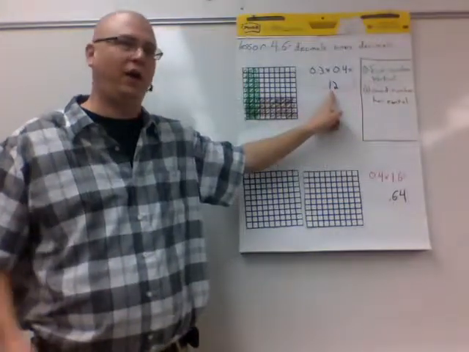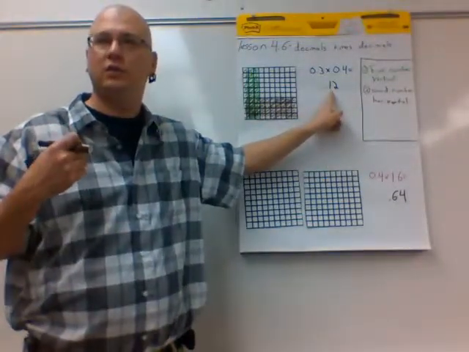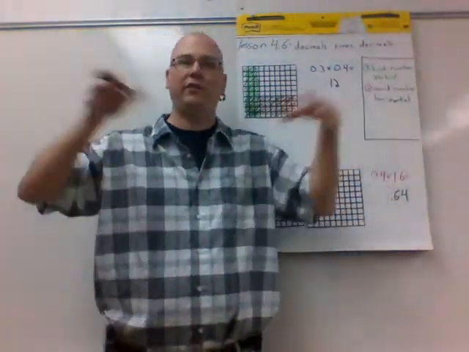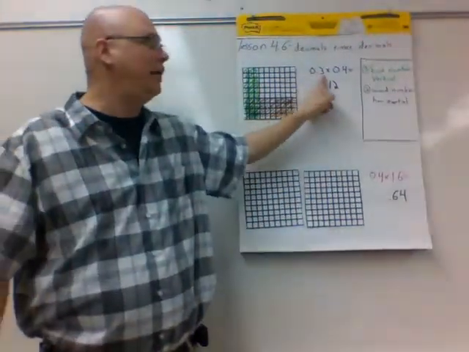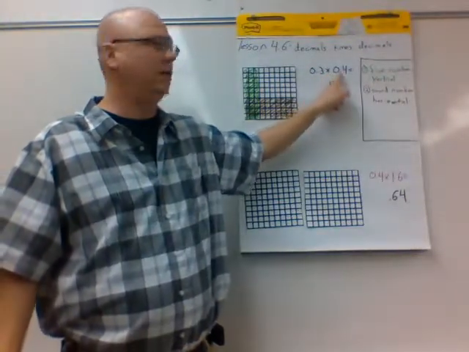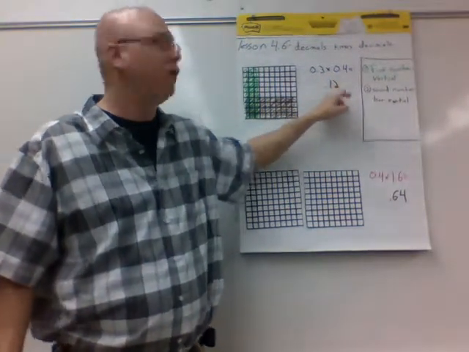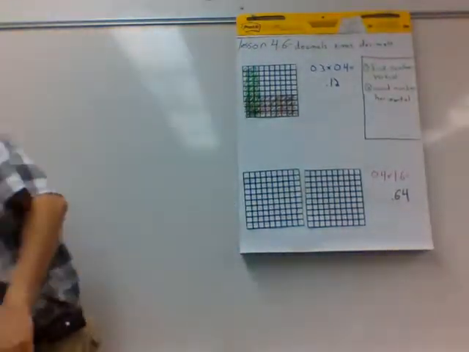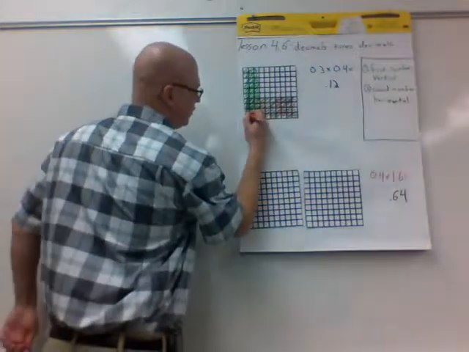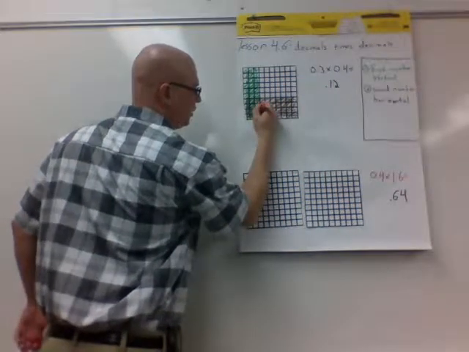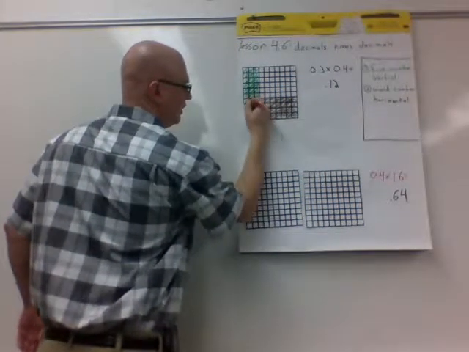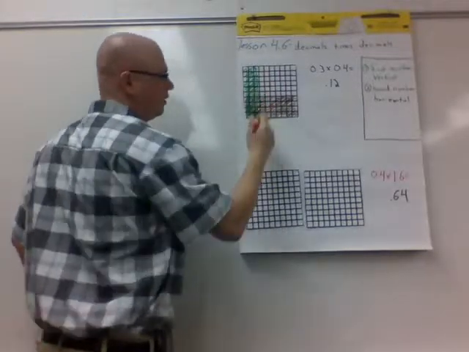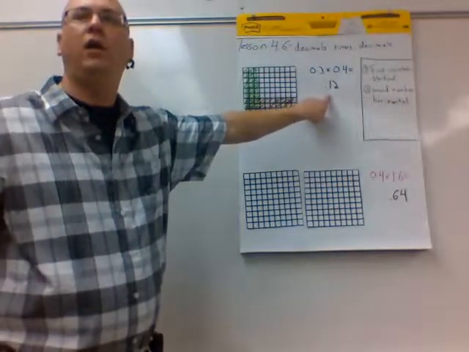Might be kind of gross, depending on if they cut it or if they chewed it. The reason when we multiply two decimal numbers together, we get a smaller product is you're getting a piece of a piece. So instead of 3/10 or 4/10, we get 1, 2, 3, 4, 5, 6, 7, 8, 9, 10, 11, 12 hundredths.